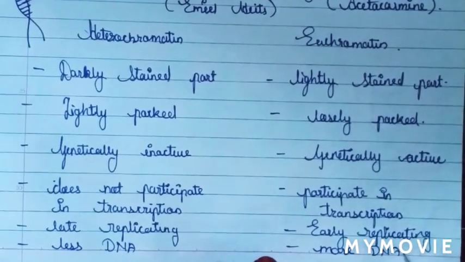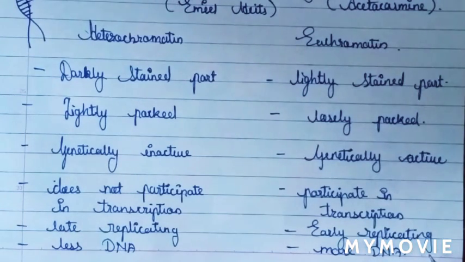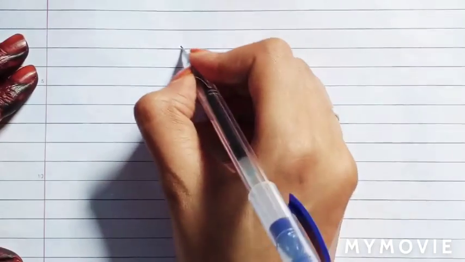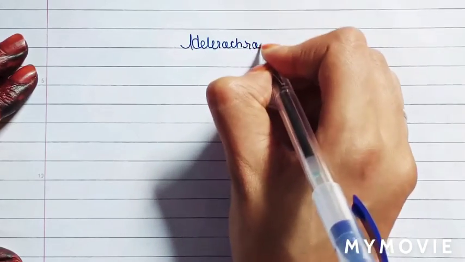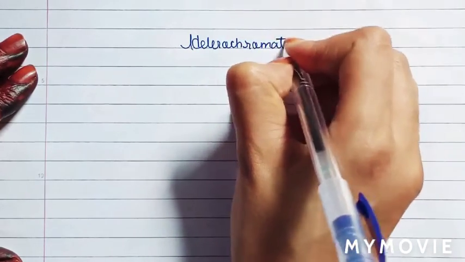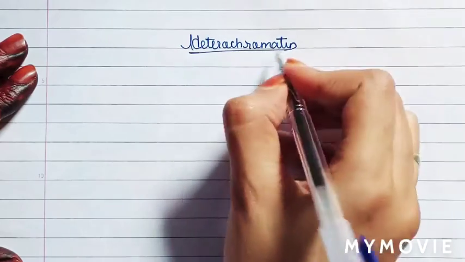Okay. So now we are going to see the types of heterochromatin on the next page. Heterochromatin is of two types.